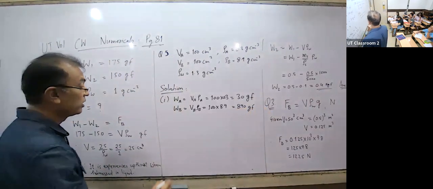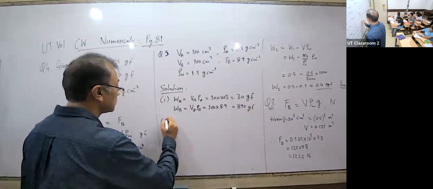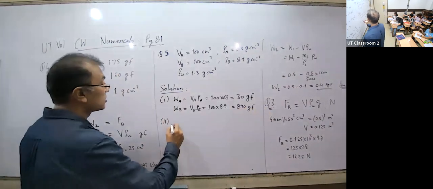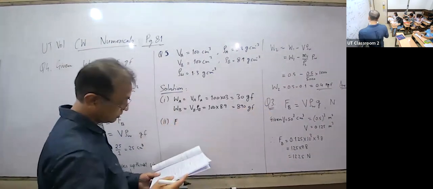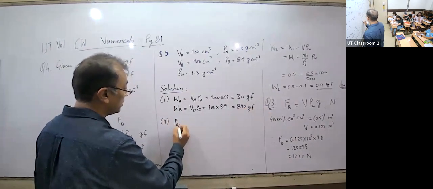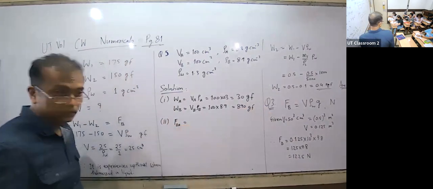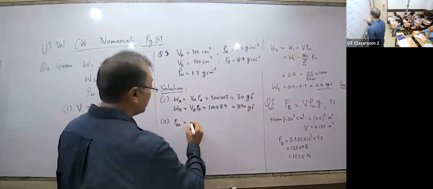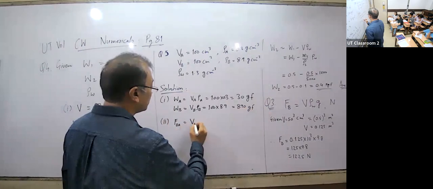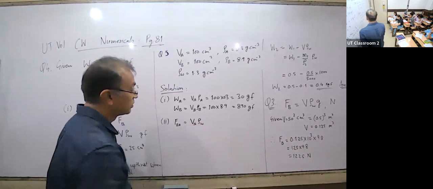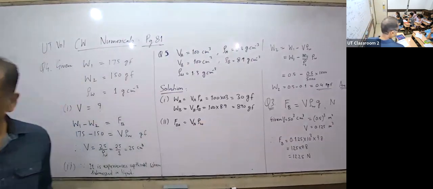Okay, now you have to calculate upthrust. What is the upthrust on A? So upthrust FB on A, how much will it be? It is equal to weight of liquid replaced by it. Volume of A into rho water, in gram force, right?